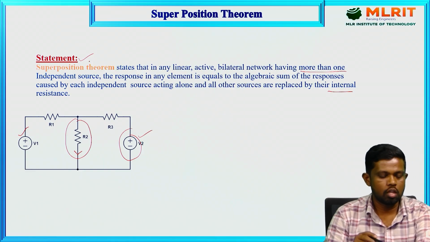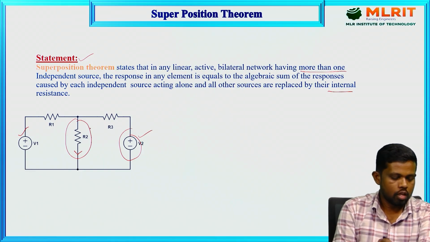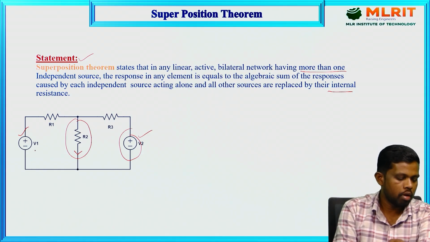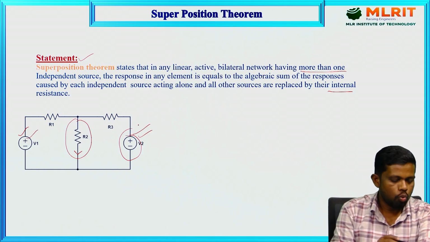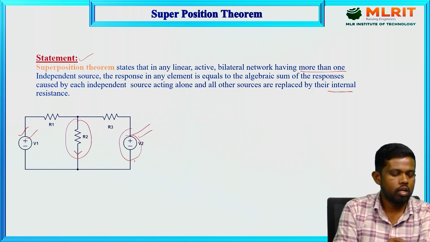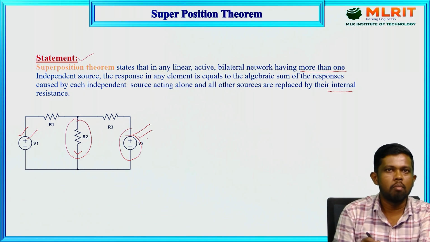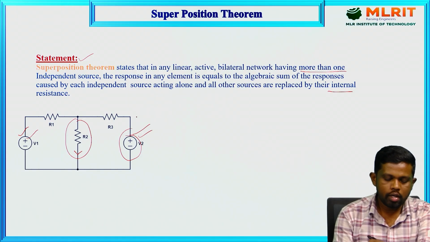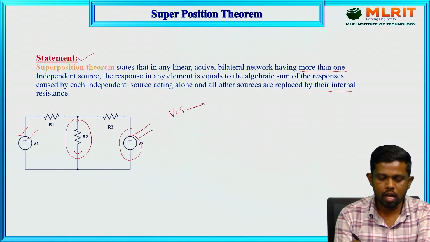The response of any one of the branches equals the responses given by the individual sources, while the rest of the sources are replaced by their internal resistance. While connecting one source, the other source is disconnected, meaning it is replaced by its internal resistance. If it is a voltage source, we can simply replace it by a short circuit, if there is no internal resistance.